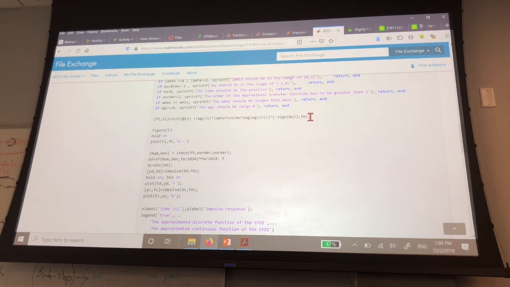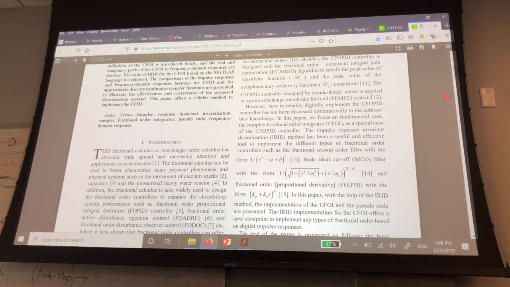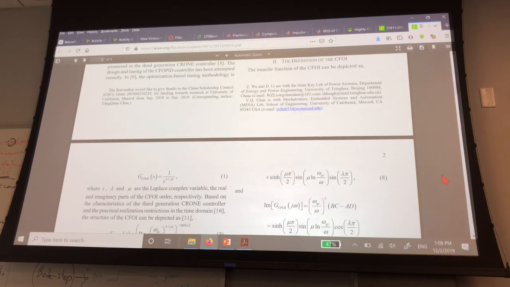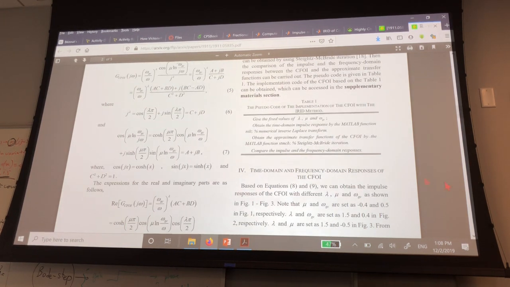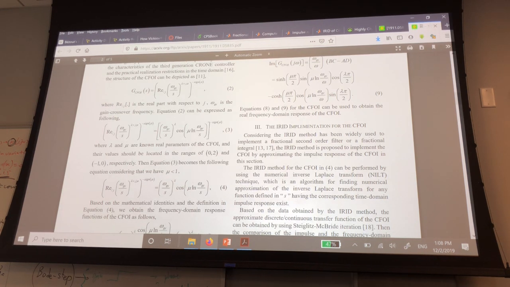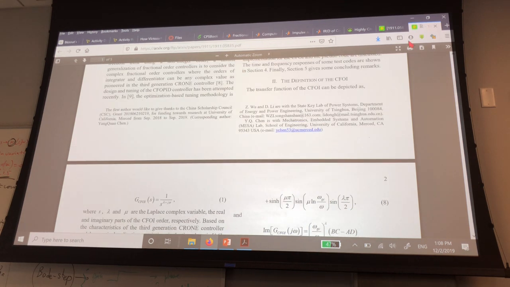So this equation, you may wonder why this is the case. You can read the paper here, okay? This is based on the previous discussion of how to define the complex order derivative, with very complicated commands.